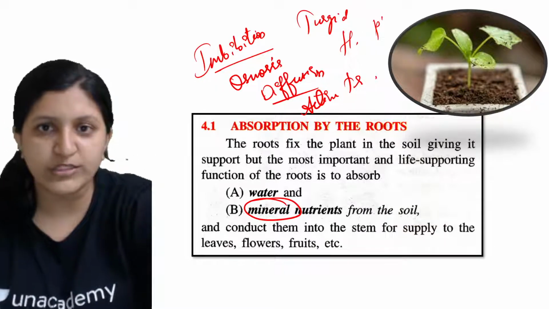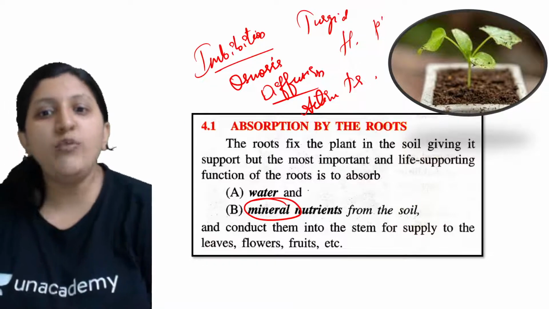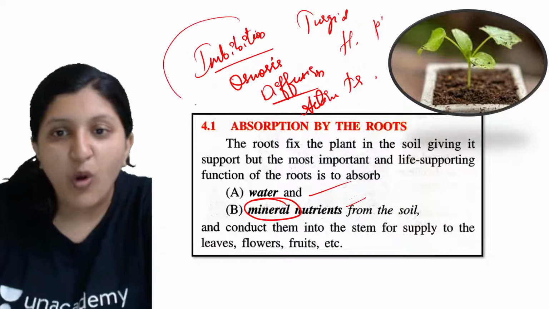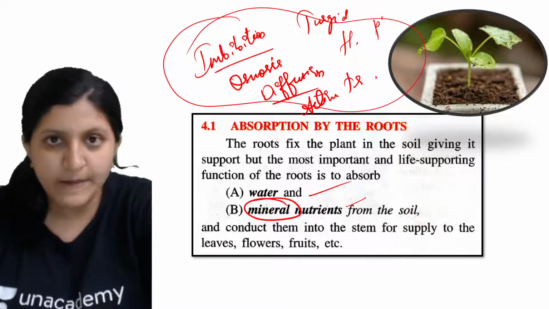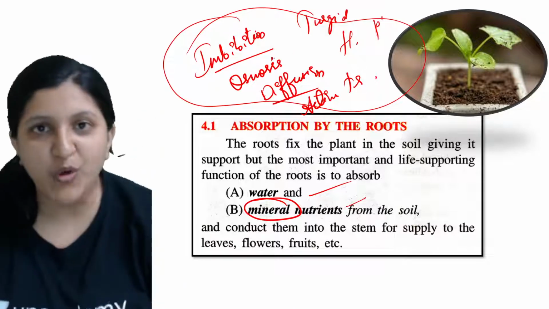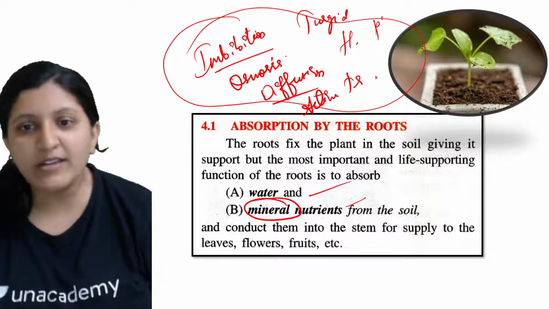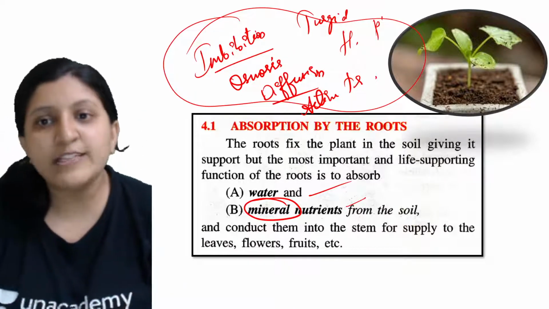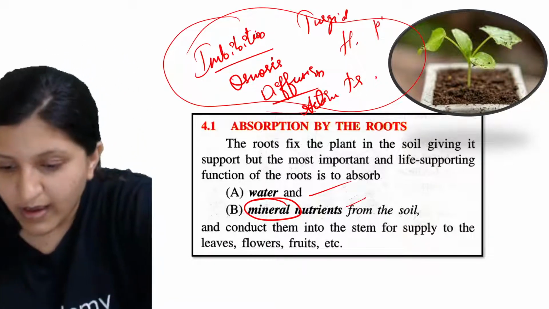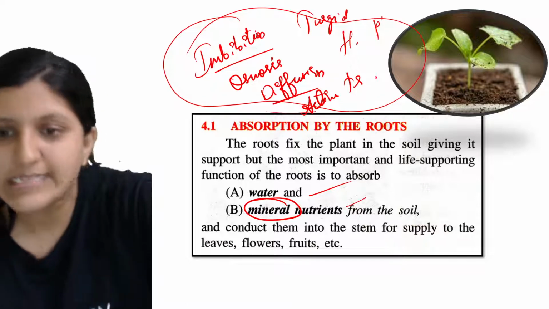We'll discuss all those terms. Here the water and mineral nutrients play a major role for all these processes to occur. From all these processes, the transport of water and nutrients is conducted. All right, so let's get started then.